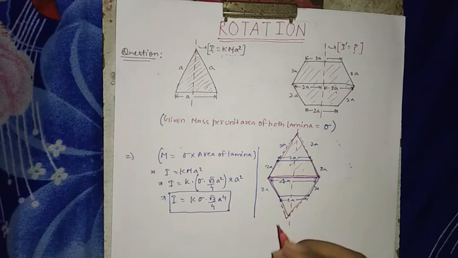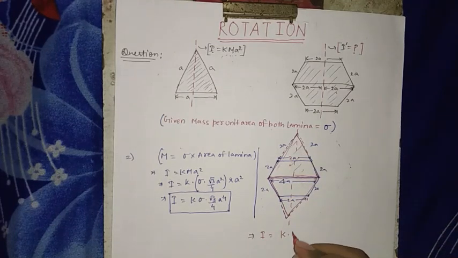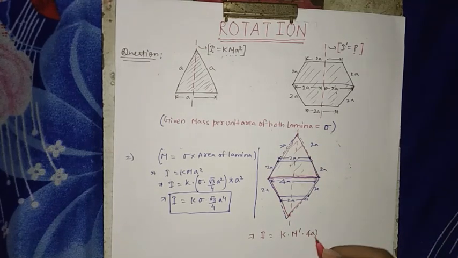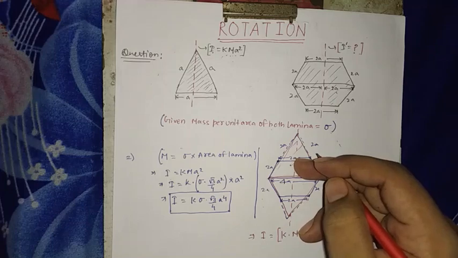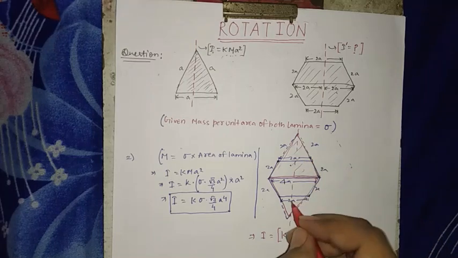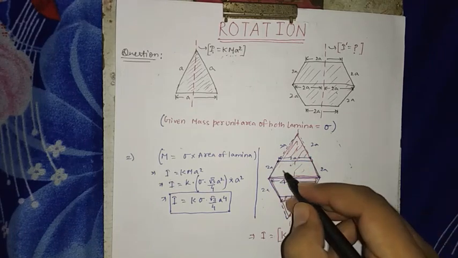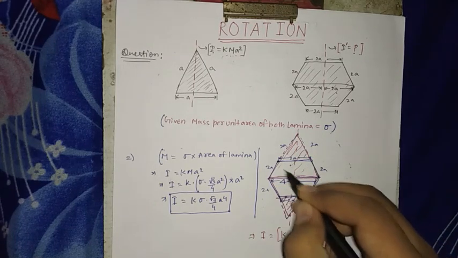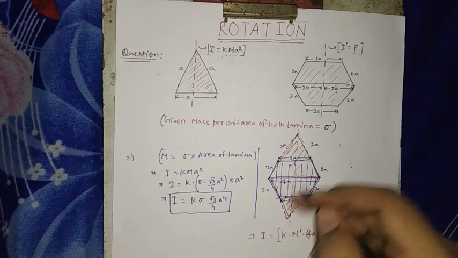So we can write the moment of inertia of this triangular lamina I equals k into mass of this triangular lamina, let's suppose m prime, and side length of triangular lamina, which is 4a square, into 2 times, as we have both upward and downwards, and now minus of this part, this triangle and this triangle, as you have to find the moment of inertia of only this shaded part. So you have to eliminate these two regions.